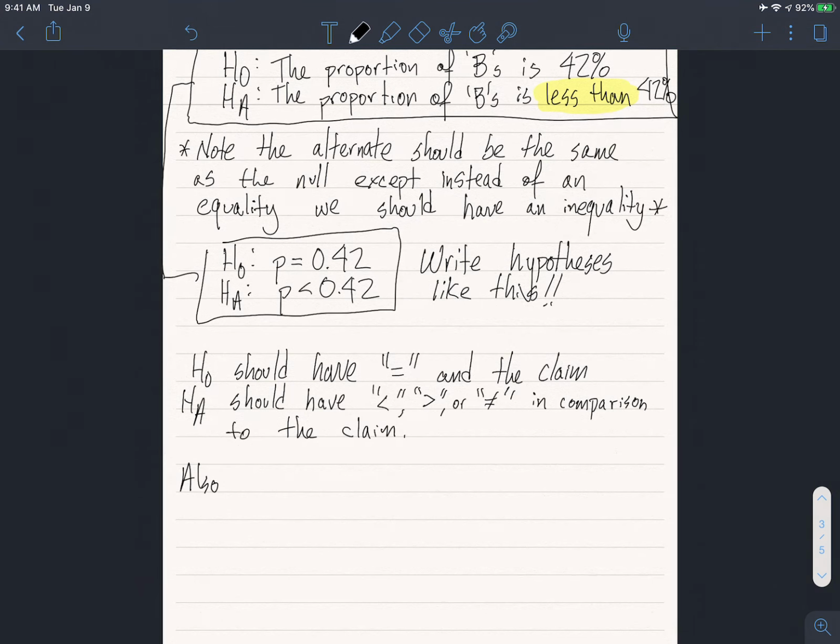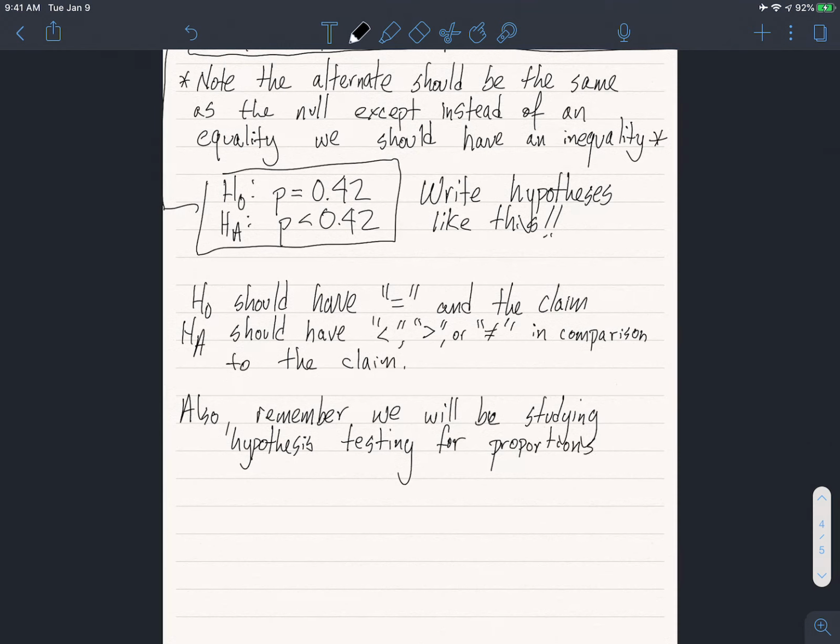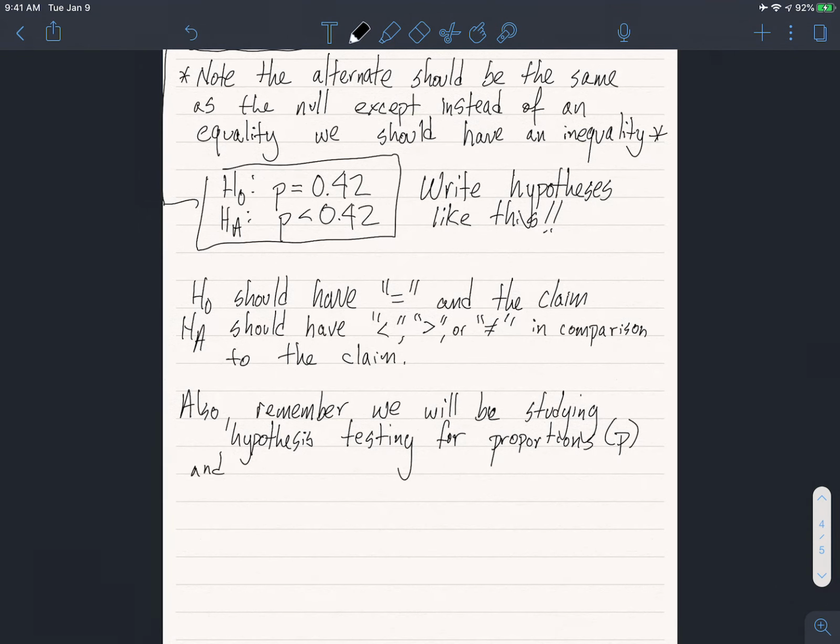Also, it's worth remembering, we will be studying hypothesis testing for proportions, which we denote with the letter P for the parameter, and means, which we denote with that Greek letter, mu.